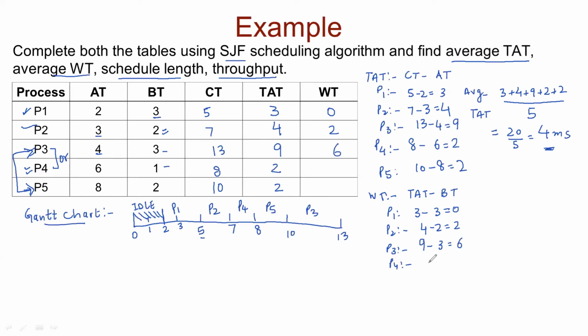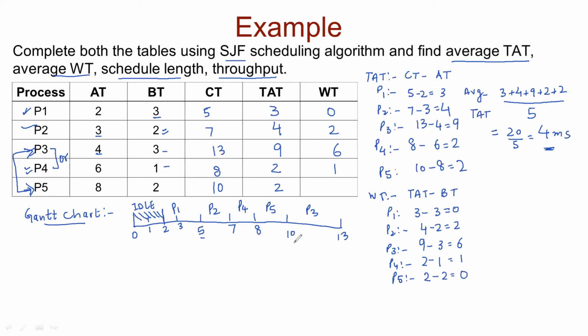P4, turnaround time is 2 and burst time is 1, so waiting time is 1. P5, turnaround time is 2, burst time is 2, so waiting time is 0.